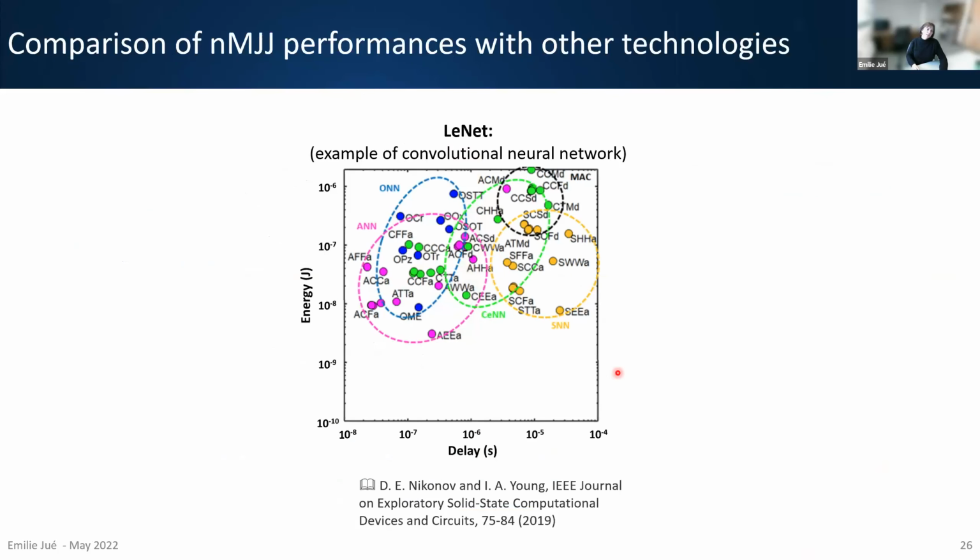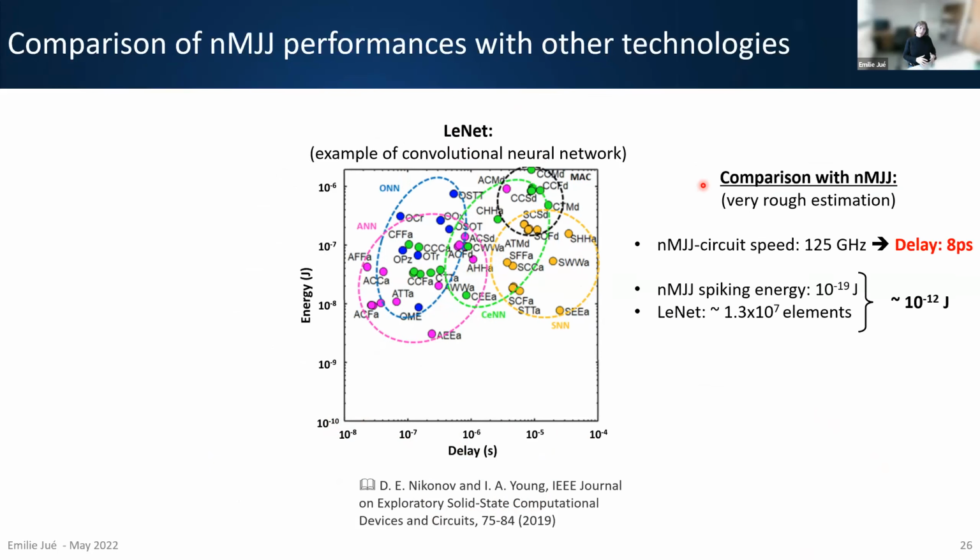So let's see how this nanoclustered magnetic Josephson junction compares to the performance of other technologies. On this graph, Nikonov and Young show the relation of the energy and the delay for different emerging technologies to reproduce the LeNet model, which is an example of a convolutional neural network.